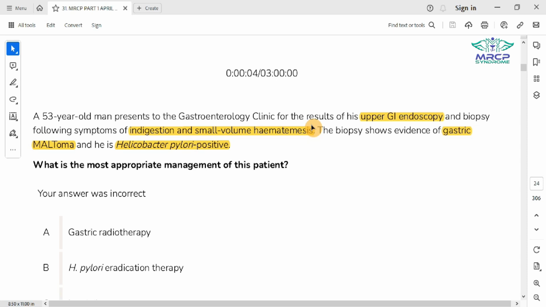One was biopsy, and one was H. pylori eradication. Most candidates get confused whether to go for biopsy or H. pylori eradication. So whenever you find gastric maltoma, whether H. pylori positive or negative, the immediate next step would be H. pylori eradication.